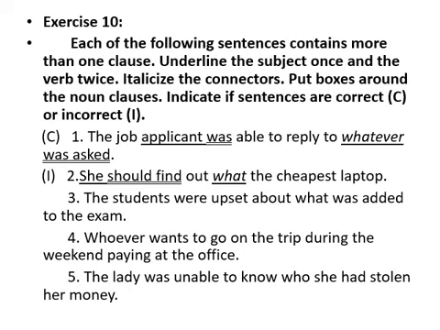The lady was unable to know مين اللي سرق فلوسها. She was unable to know who had stolen her money. Who subject and connector. Had stolen verb. Her money object. لكن she دي ملهاش لزوم هنا ملهاش معنى كمان. Who هي السبجكت. Alright? طيب.